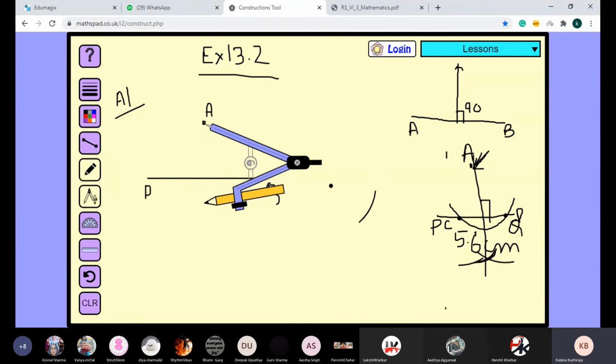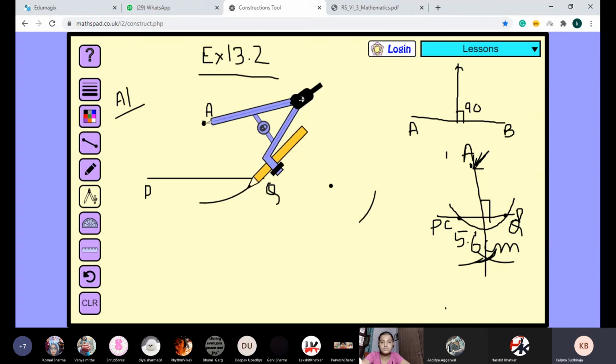Have you able to open it like this? Yes, ma'am. I have taken the pencil. Now you are going to make a arc in this way.